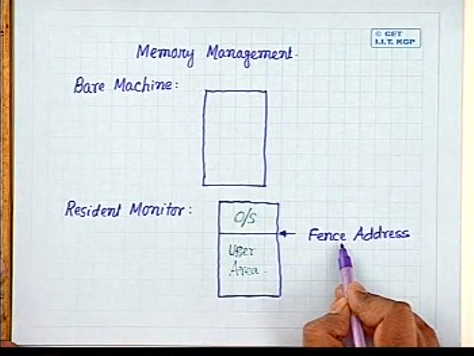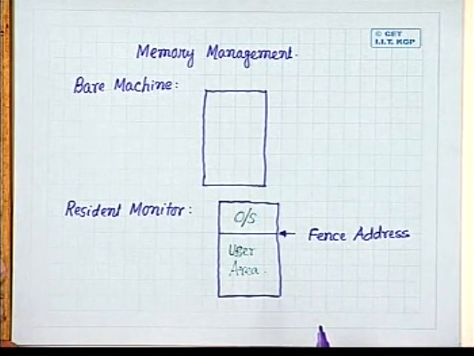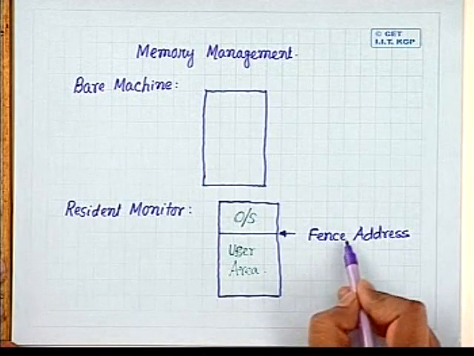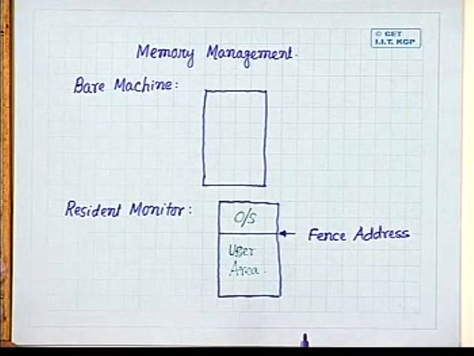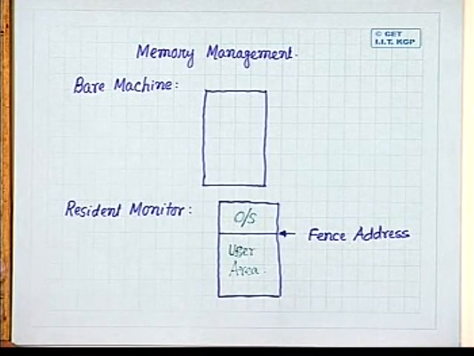There are two ways in which this comparison can be made. One is software. I can write a small program so that whenever the user program tries to access a memory, a part of the software will compare this address with the fence address. But in that case, the process will be very slow because the comparison has to be made by the software. The other option is I can go for a hardware comparator.